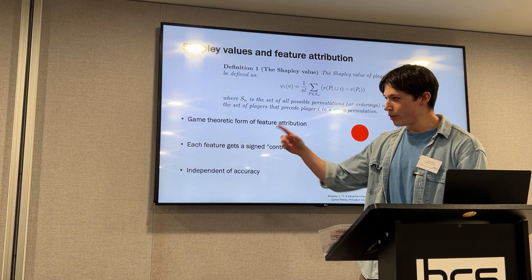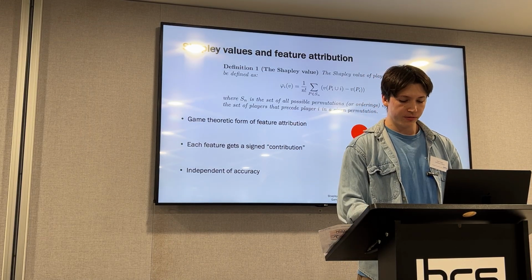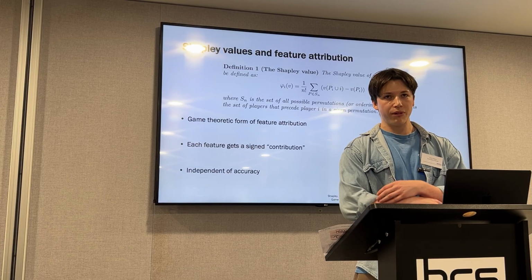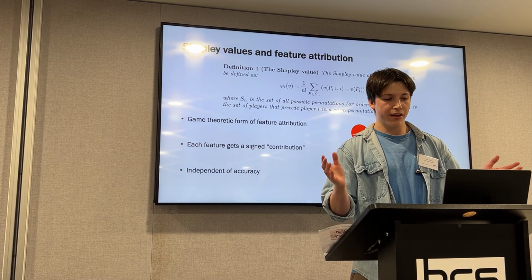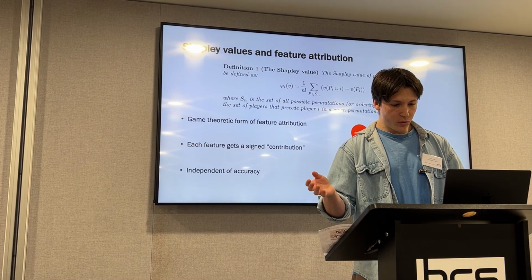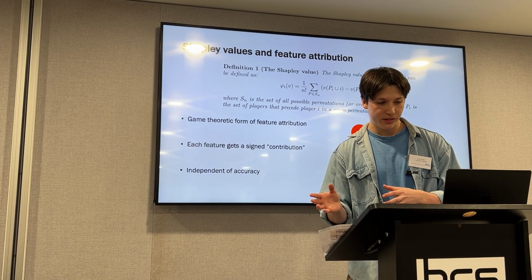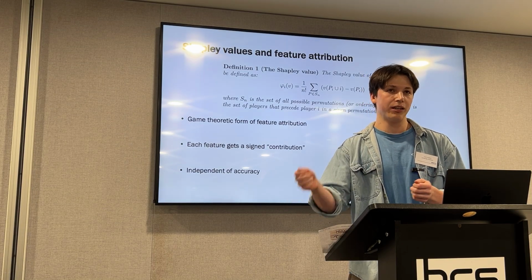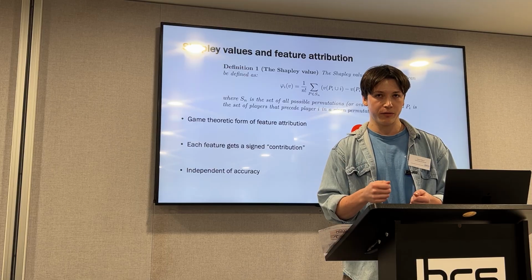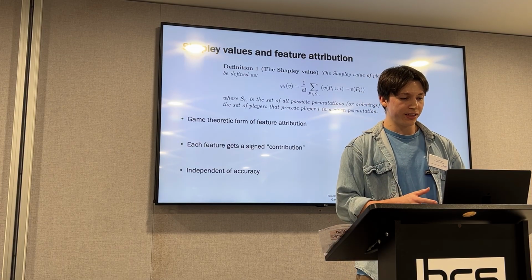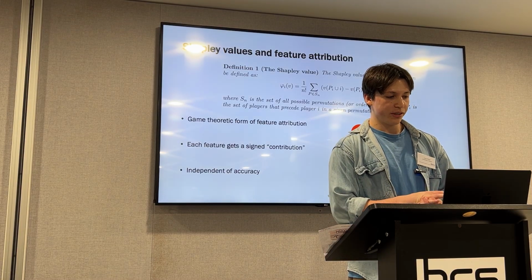So if you've got three features here represented by these dots, all you do is you mask out all of your features, and then you measure the change in your output logits when you add the features back in all of the possible orders that you can add them back in. Now, obviously, this is a high price to pay.